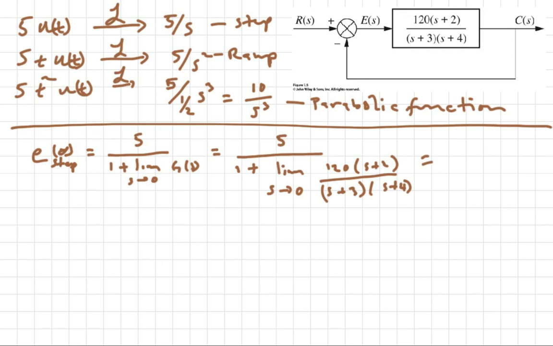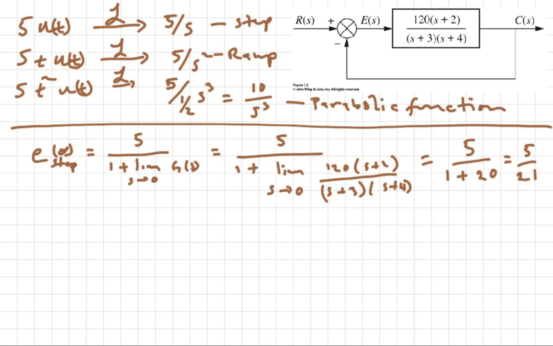So this will be equals to 5 over 1 plus 20, which is equals to 5 over 21. This implies a response similar to our output 2 of the figure, where there is a constant steady state error, which is what we have here.